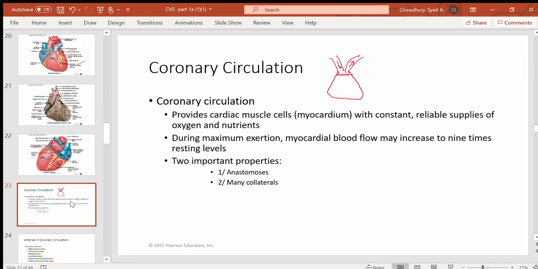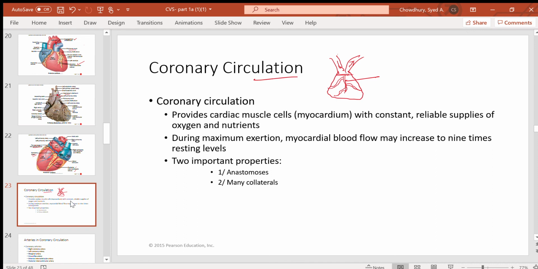However, in the wall of the heart, you have a number of small arteries and veins for the cardiac muscle. So these are the coronary blood vessels, coronary arteries and veins in coronary circulation.